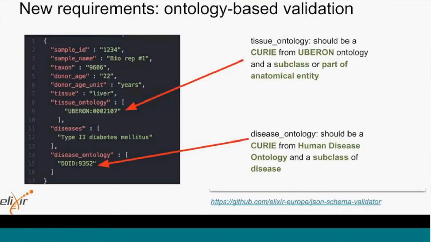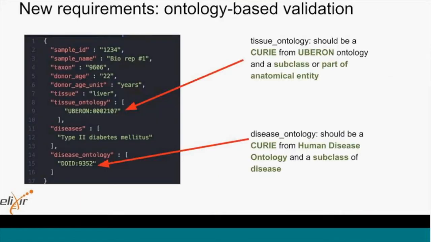Interestingly, on the next slide, we found out some features that were missing from JSON schema. Many of you on the call will know that sometimes we need to be able to validate things against an ontology, for example. So if I want to say this value of disease, in this example type 2 diabetes mellitus, should be a term coming from the disease ontology, we can do that.